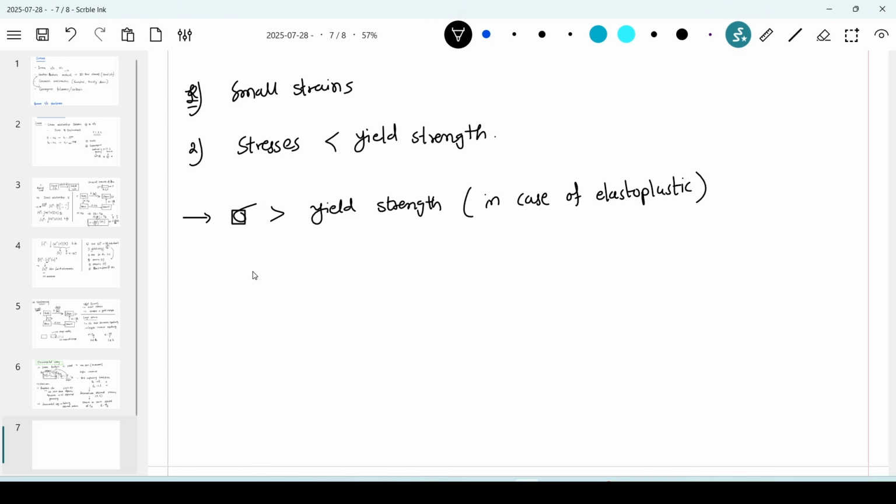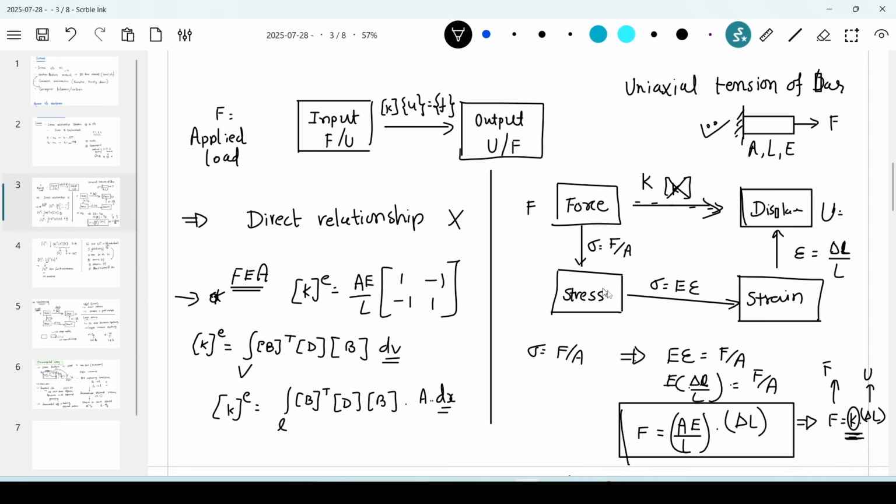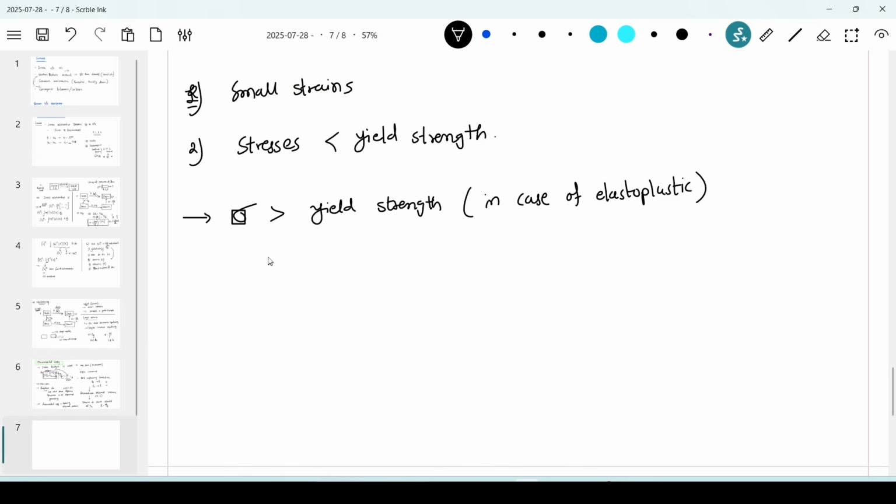So in that case, what happens? This event also we are not capturing. Beyond yield strength, we know there is no linear relationship, no linear relation between sigma and epsilon. It is not a proportional or linear relationship. That means there is a non-linear relationship.